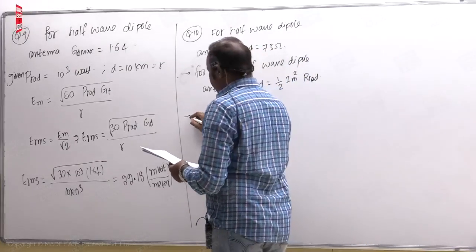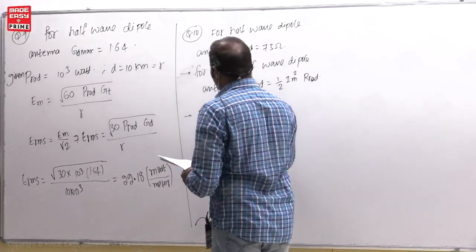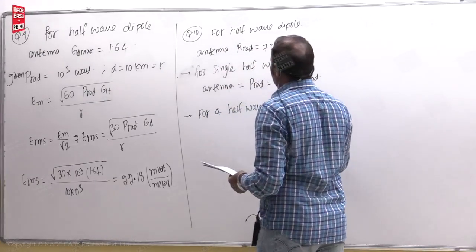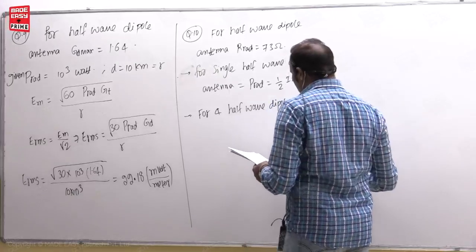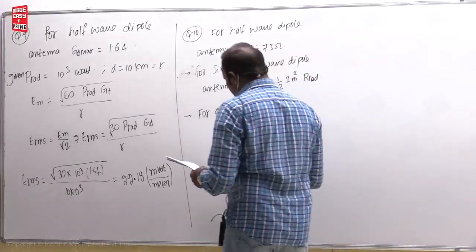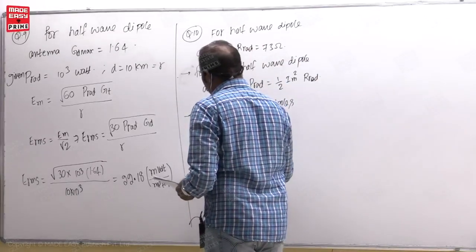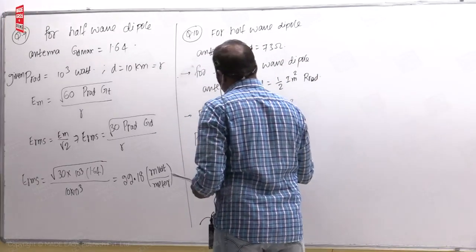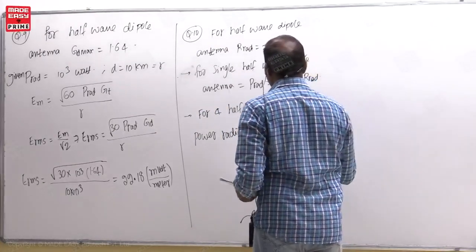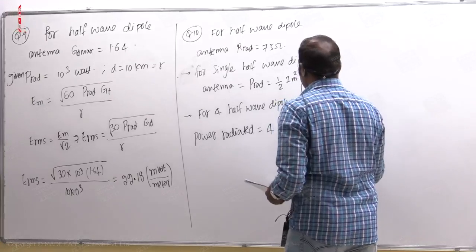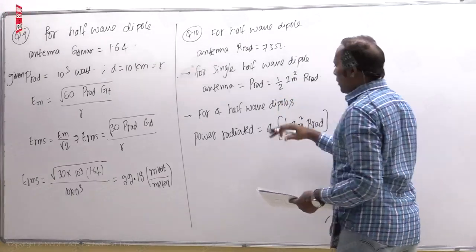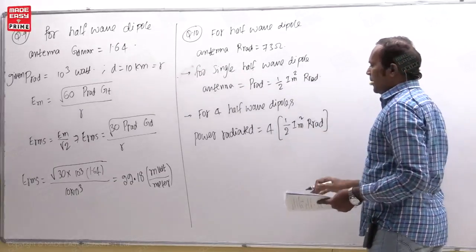So that means for 4 half wave dipoles, power radiated is equal to 4 times of this one. So 4 times of half Im square. Actually, for a single half wave dipole antenna, this much. For 4 dipole antennas, you have to multiply 4 times.